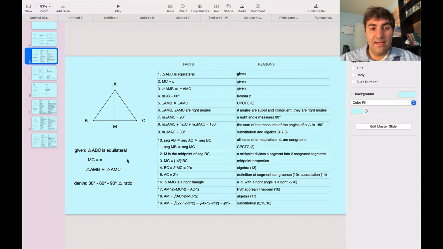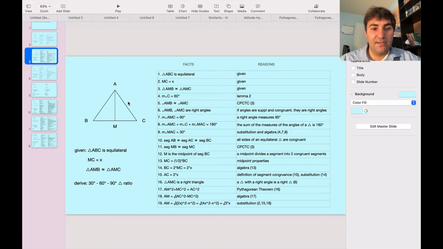So we know that MC is equal to x, right? So BC, if we do some algebra here, length of BC is equal to 2 times MC, which is equal to 2 times x. And by the definition of congruence, length of AB equals length of AC equals length of BC. So in other words, if BC equals 2x, then AC is also going to be equal to 2x.